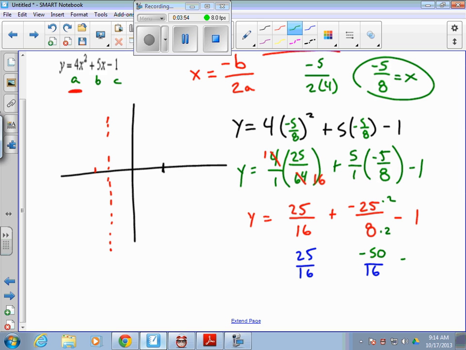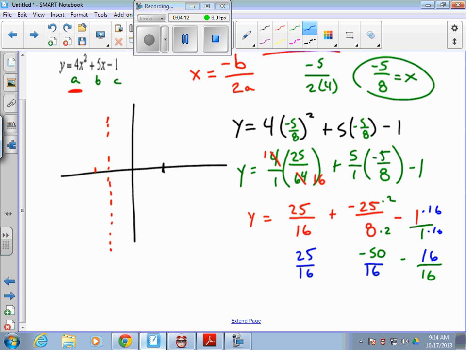And then the other one, minus 1, we'll call 1 over 1. That one will be 16 on the bottom as well, just so we keep all the fractions constant. Multiply that bottom number by 16 and that top number by 16, so minus 16.